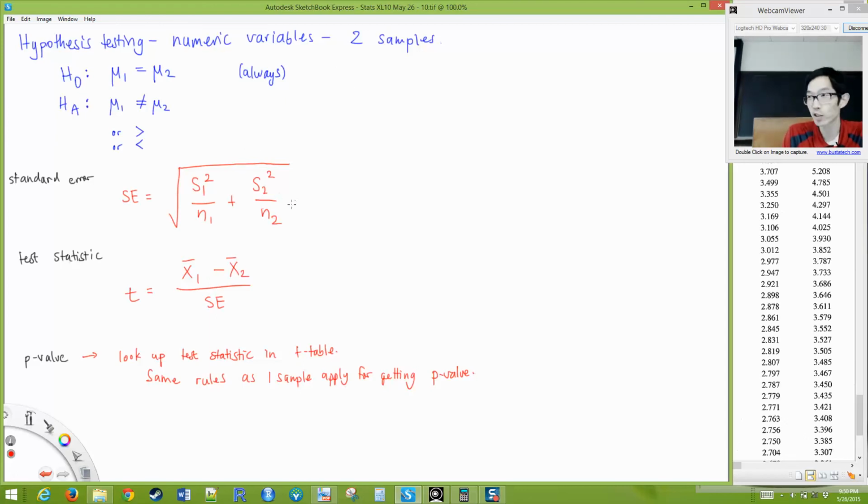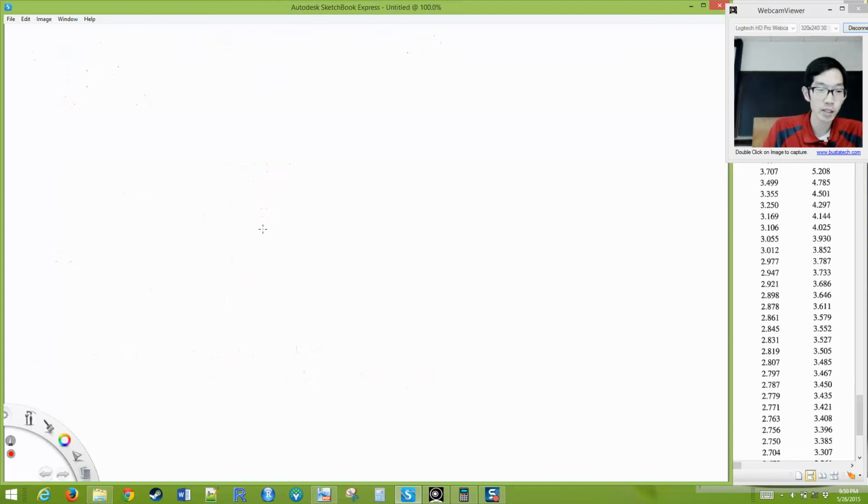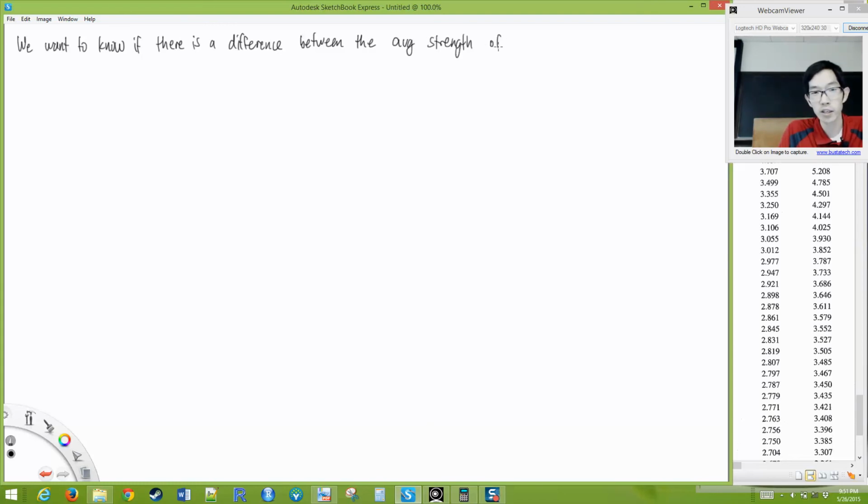All right, so let's just do one thing. We want to know if there is a difference between the average strength of, I don't know, wood beams.